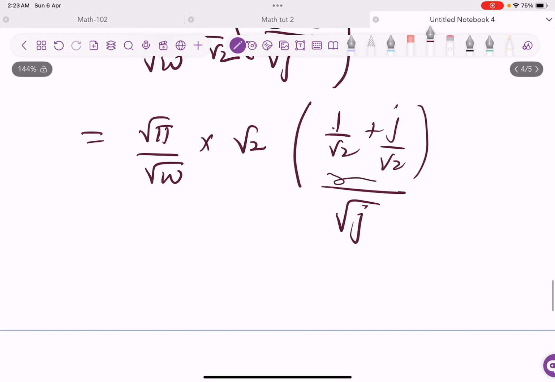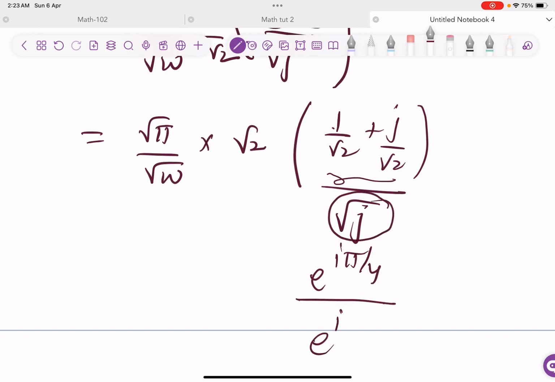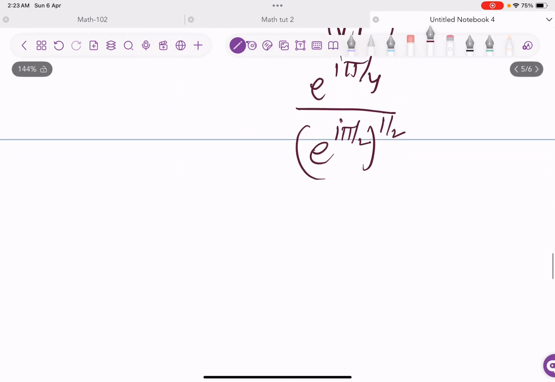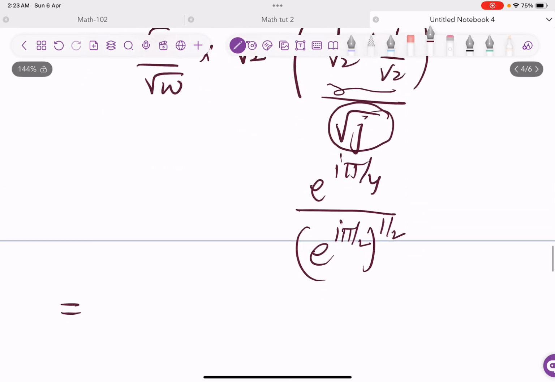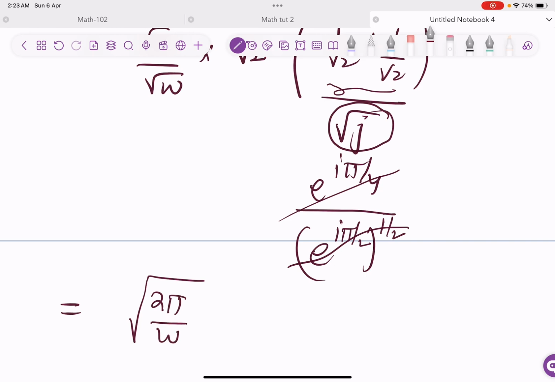Do you guys realize this thing? This is basically e power j pi by 4. And what about this? This is e power j pi by 2 whole power 1 by 2, which is again e power j pi by 4. So both of them get cancelled. So the final answer here is root 2 pi by omega, which is your Fourier transform of 1 by root mod t.